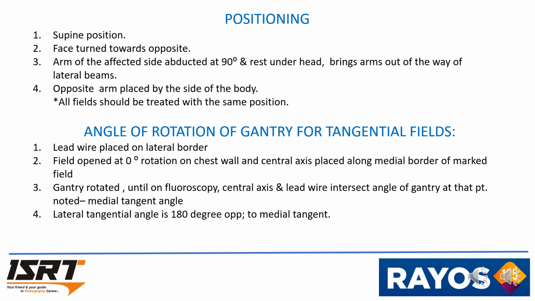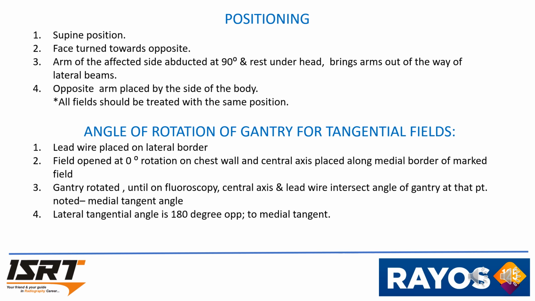Angle of rotation of gantry for tangential fields. It enables how much angle of gantry rotation for the tangential field can be mentioned. First, a lead wire is placed on the lateral border. Then the field is opened at 0 degree rotation on the chest wall and the central axis is placed along the medial border of the marked fields.